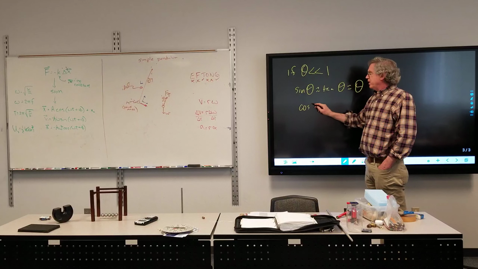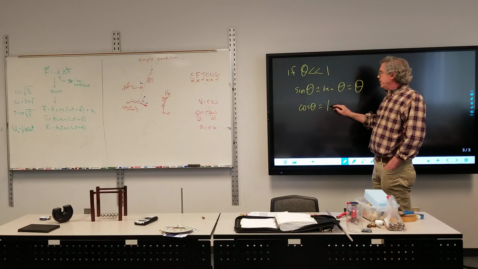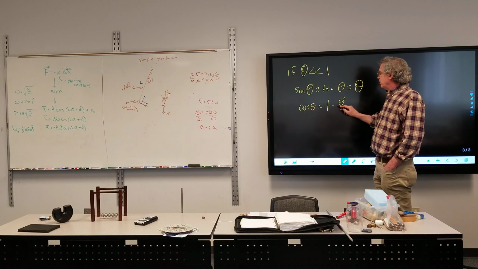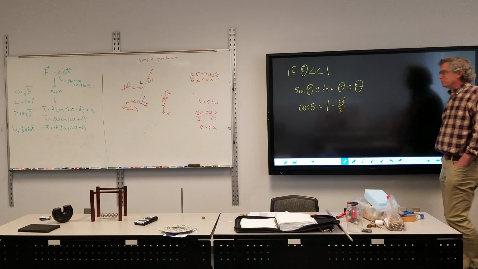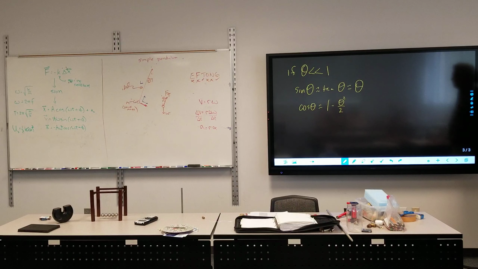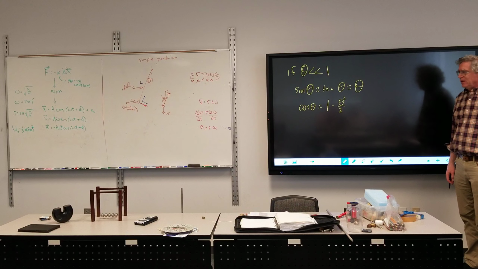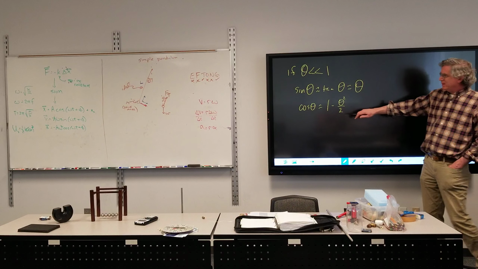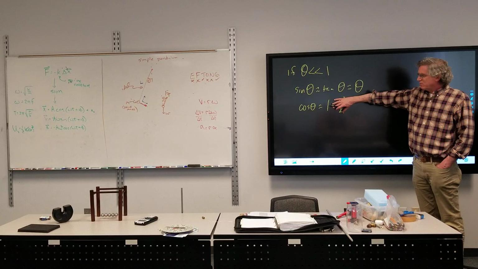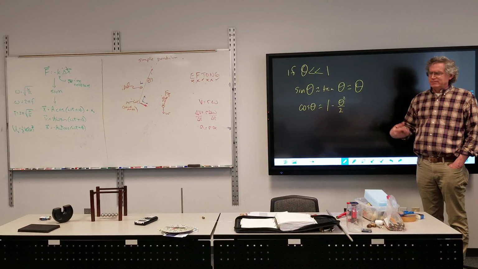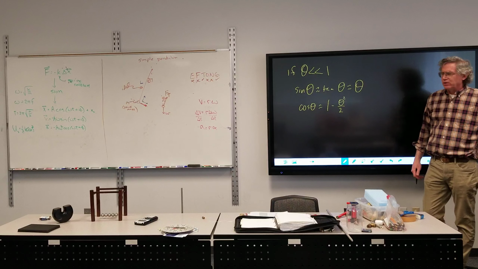Cosine of theta is approximately equal to 1 minus theta squared over 2. If it's really tiny, you can just go with cosine theta equal to 1, but if you say for small theta, cosine theta is roughly equal to 1, that does not hold up particularly well.